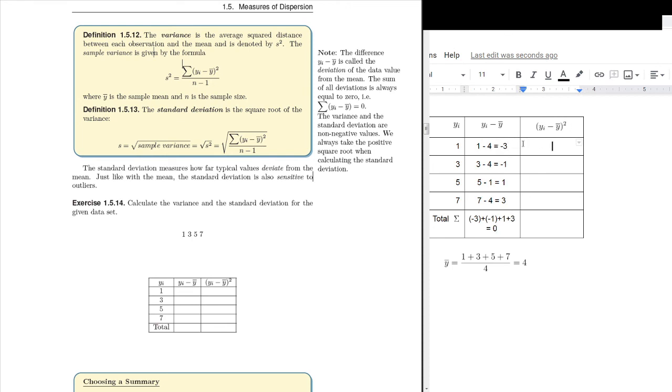So now in the next column, we want to square the deviations. So we want to take negative 3 squared, which gives us positive 9. We take negative 1 squared, which gives us positive 1. We take 1 squared, that gives us positive 1. And we take 3 squared, which gives us positive 9. And if we add up all of the squared deviations, this will give us a total of 20.